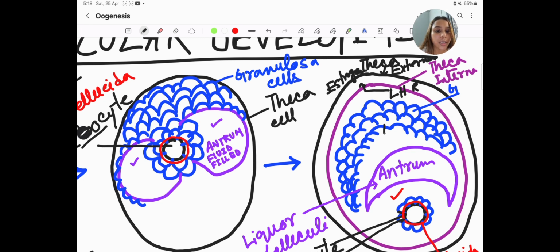FSH hormone from the anterior pituitary binds with these receptors, and they convert androgen into estrogen. So these granulosa cells provide estrogen, and the theca interna also provides estrogen.